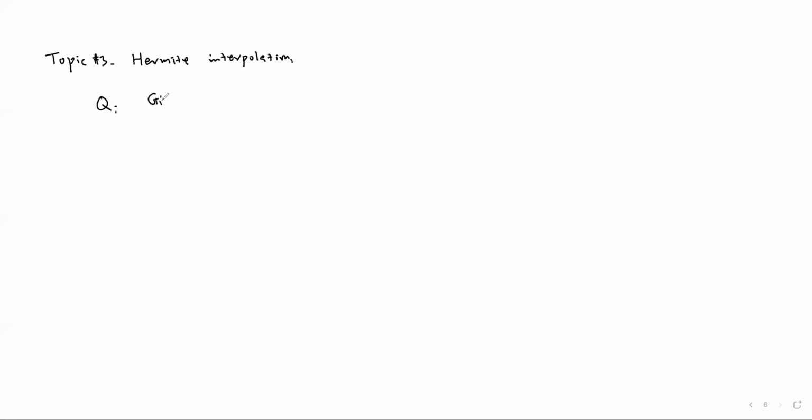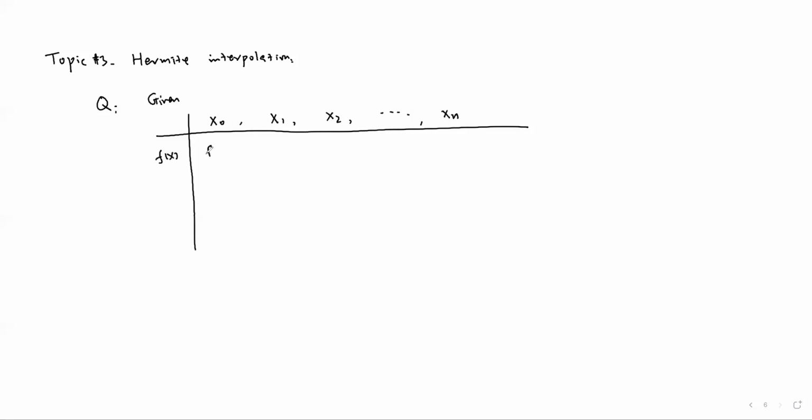Given a table, the nodes, assume they are distinct. Function values are given at the nodes, and also some derivatives are given.